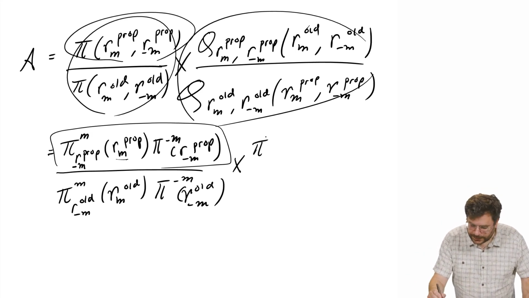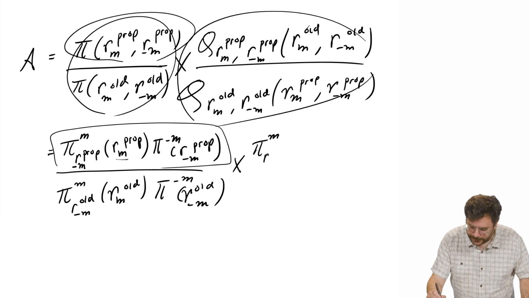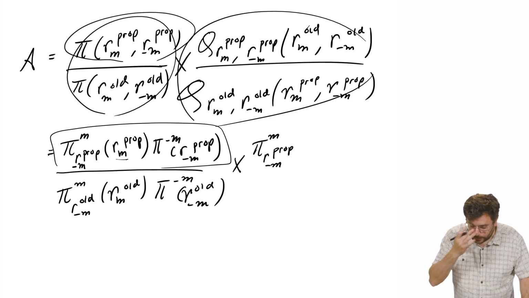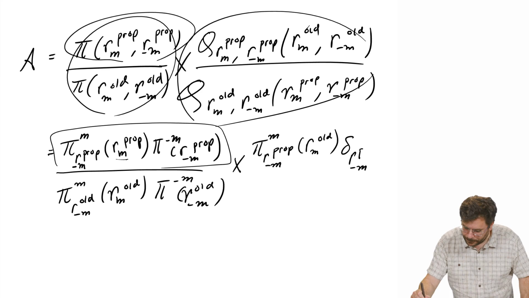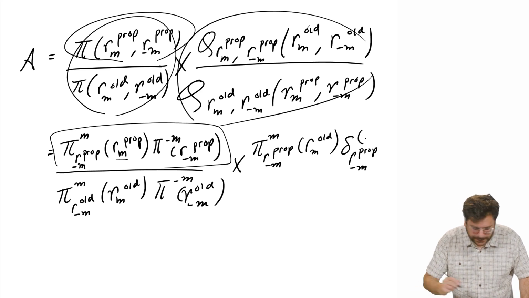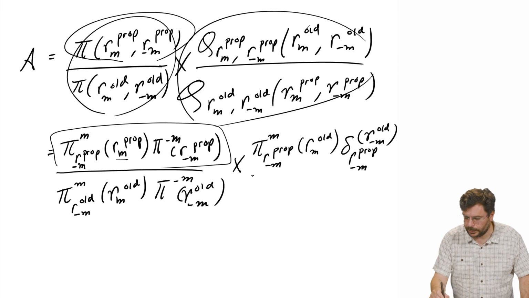So now I have the ratio of the proposal distribution. That's going to be the expression that we wrote down earlier, which is the product of a conditional and a delta function, because the minus m old are equivalent to the proposed. So we have pi of R_m old multiplied by delta function of R_-m proposed, and in the argument of the delta function we have R_-m old.